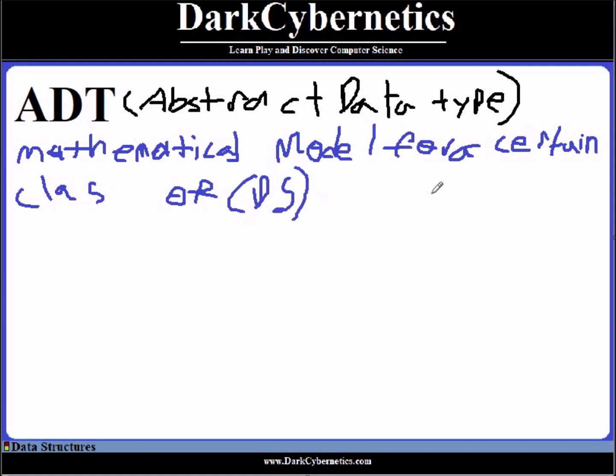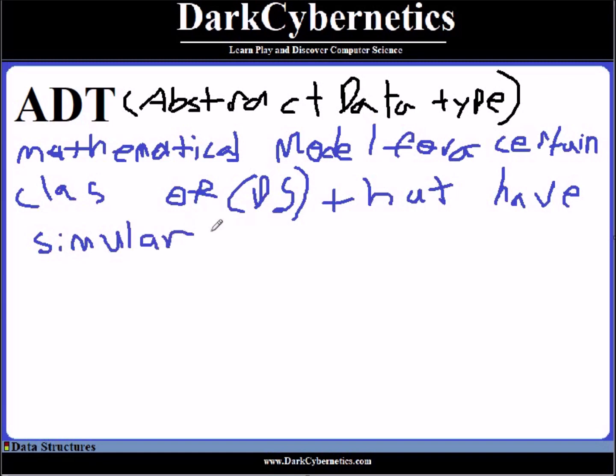So it's supposed to be two S's on this class here on the end, but we'll keep going. So we're saying that an abstract data type is a mathematical model for a certain class of data structure that has similar behavior.